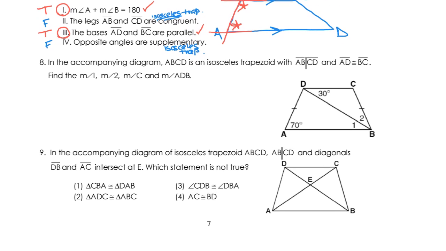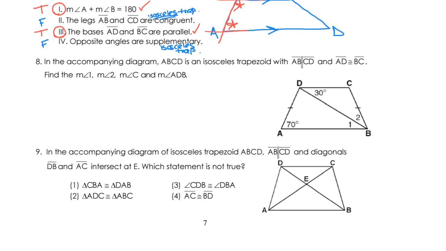Okay. Number 8, it says in the accompanying diagram, ABCD is an isosceles trapezoid with AB being parallel to CD. And it also tells us that AD is congruent to BC, and they already tick marked them for us, so that's nice. This is kind of similar to that question number 6.